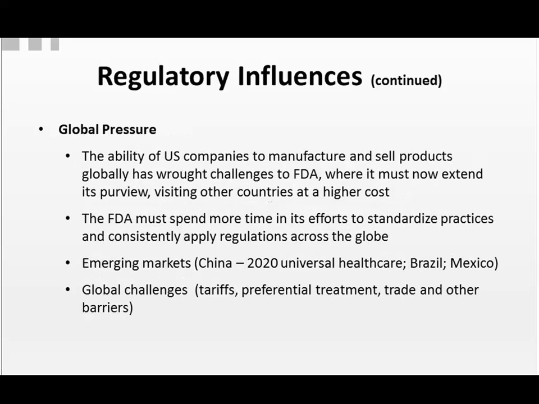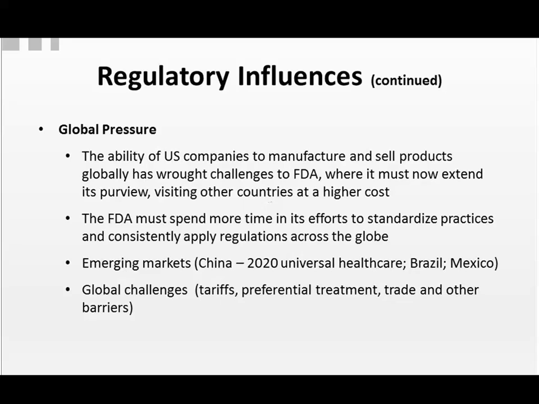And global pressure. Now we have companies trying to manufacture and sell products globally. FDA has to extend its purview and visit other countries at a higher cost. Also expanding their work efforts strains usable resources. You have emerging markets. China, Brazil, and Mexico are huge in terms of healthcare and pharmaceuticals.